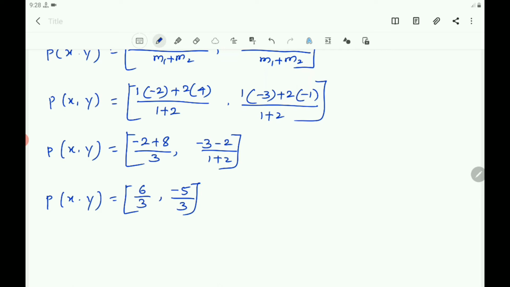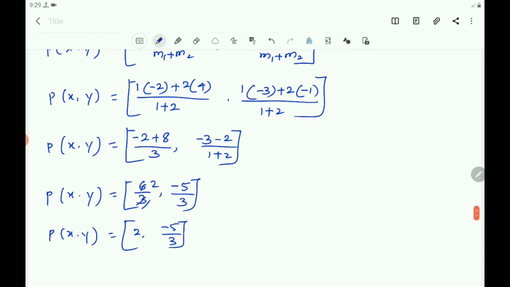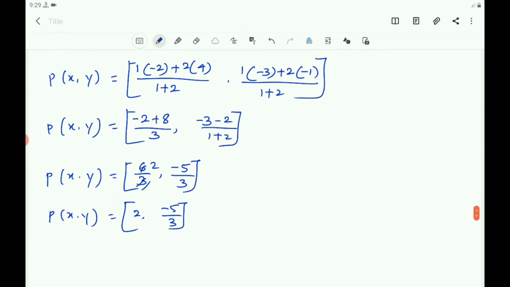Then 3 ones are 3, 3 twos are 6. So P of (x, y) equals (2, -5/3). Coordinates of the first point P are (2, -5/3).